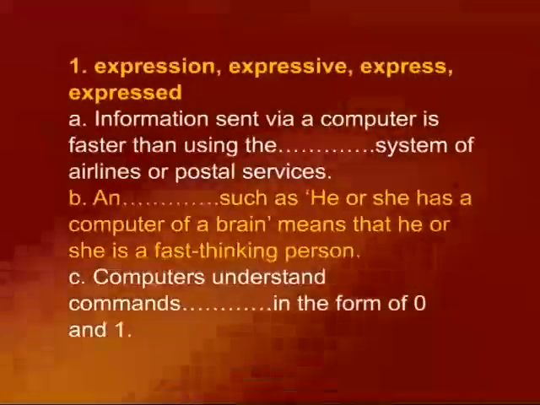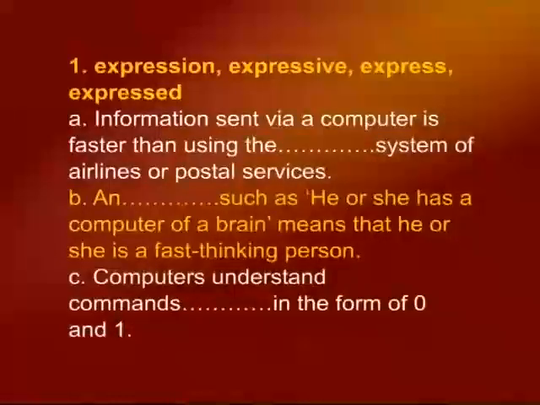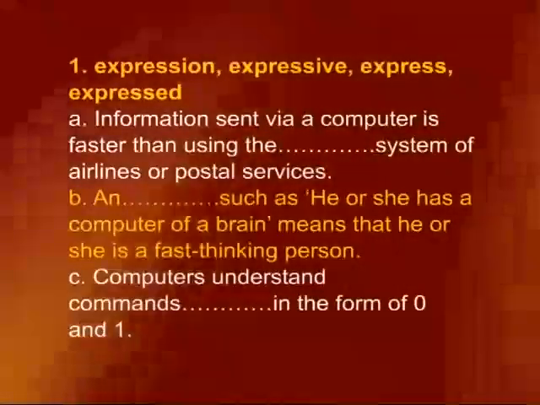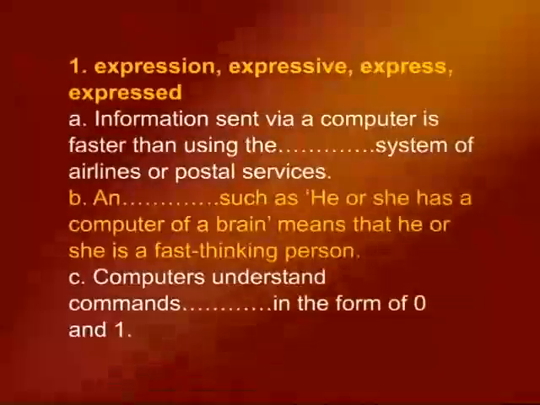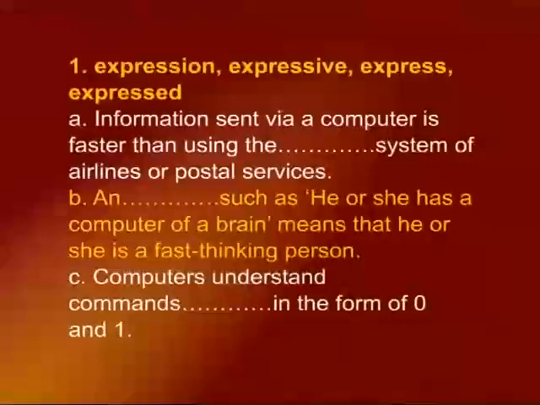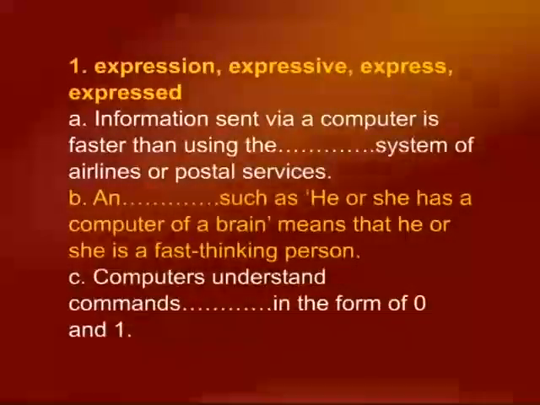You've got many expressions. Tit for tat, that's an expression, right? A computer of a brain, right? That's an expression. And C, computers understand commands in the form of 0 and 1. And the word is expressed.